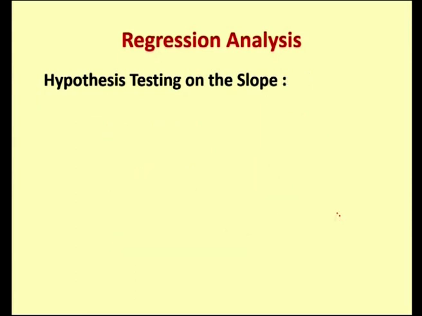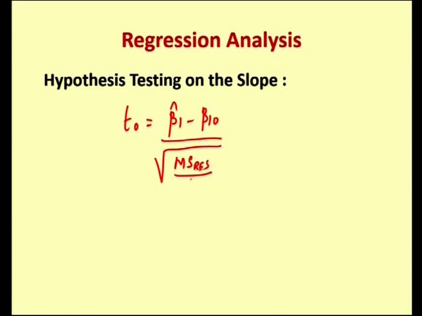By the definition of T statistic, we have T naught equal to beta 1 cap minus beta 1 0 divided by the standard error, that is the square root of mean sum of squares due to residuals divided by SXX, and this follows T distribution with n minus 2 degrees of freedom, and we can always compare the calculated value with the table value for T with n minus 2 degrees of freedom.